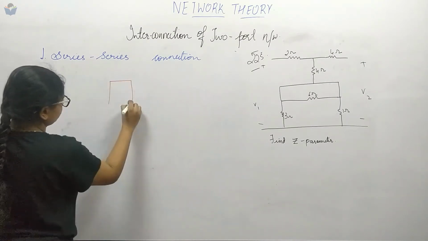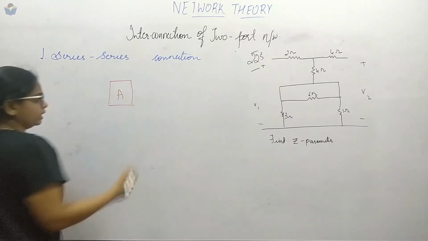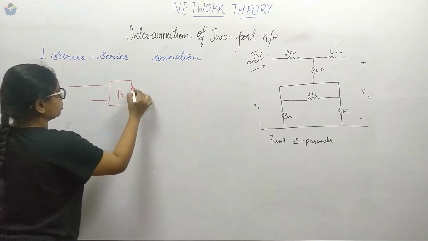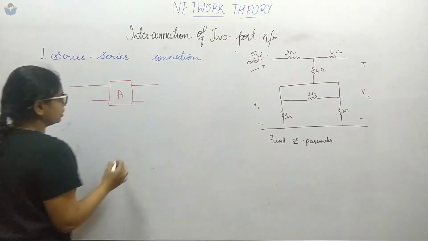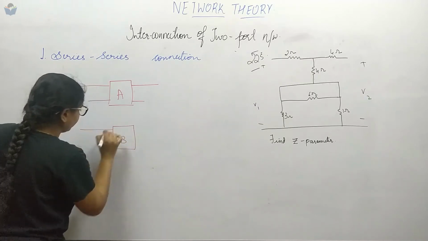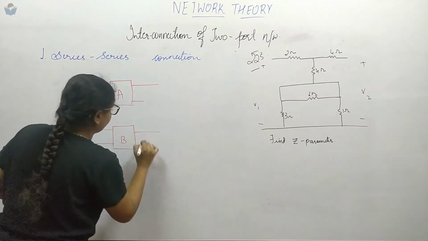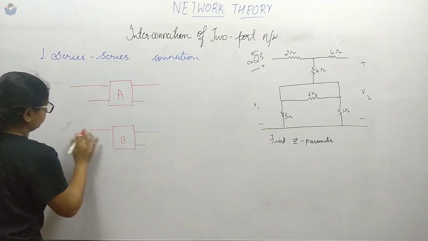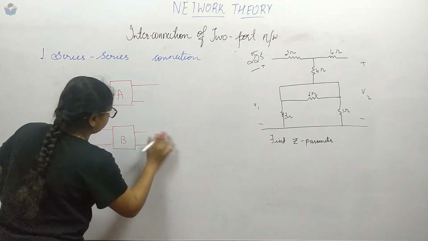Here, this is circuit A, which has got two ports. Similarly, we will take another circuit named B. So this is the second circuit.